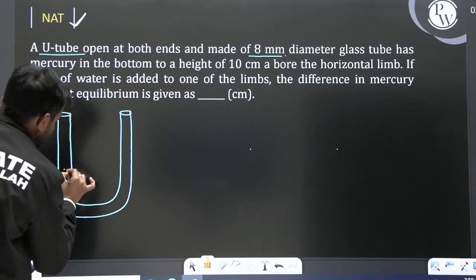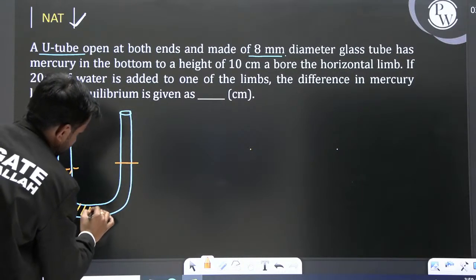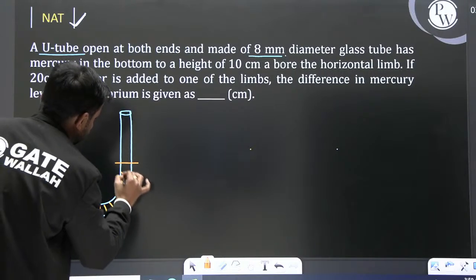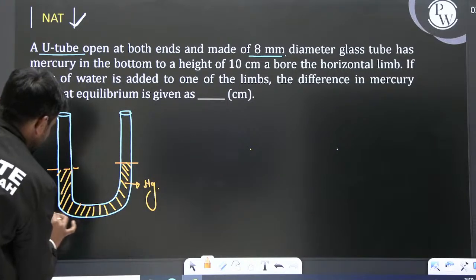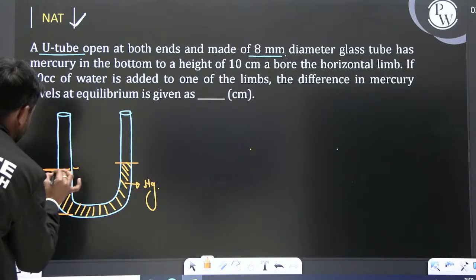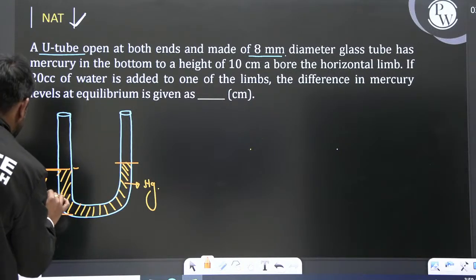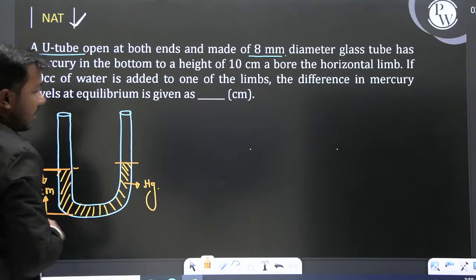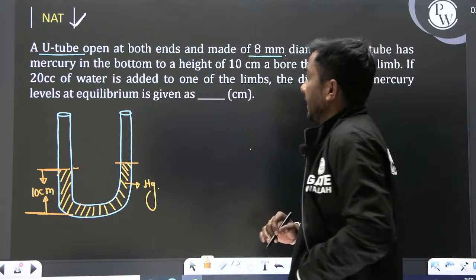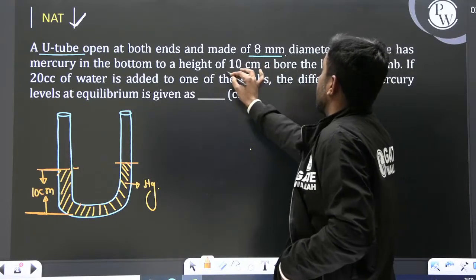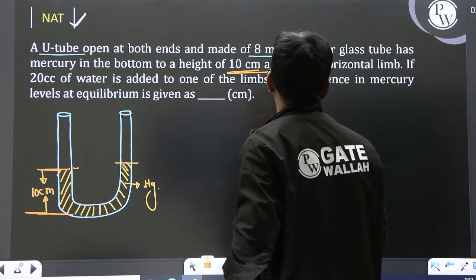Initially, the tube has mercury at the bottom, having a height of 10 centimeter. Initially, in the bottom there is mercury with height 10 centimeter, and the horizontal limb has a bore height of 10 centimeter.